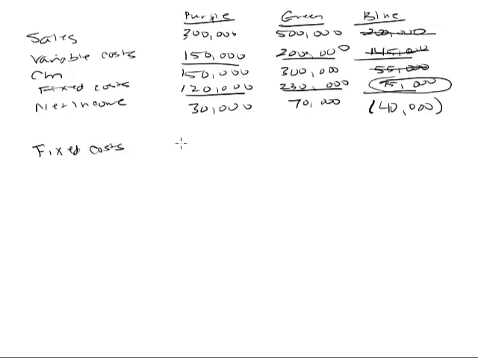So fixed costs, here's what those are composed of. Now, if you add up all the fixed costs, you can see your total fixed cost for the company. Let's add that up.